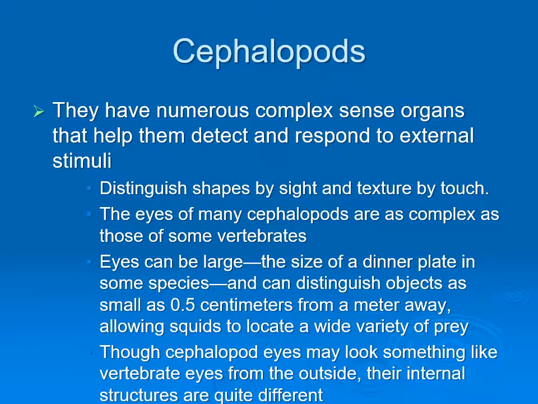Though cephalopods' eyes may look like a vertebrate eye from the outside, the internal structure is quite different. While their eyes have the ability to see and sense very small differences, the shape of their eye, the structures of their eye are very different. And so we'll see that continue to evolve as we move up the chain.